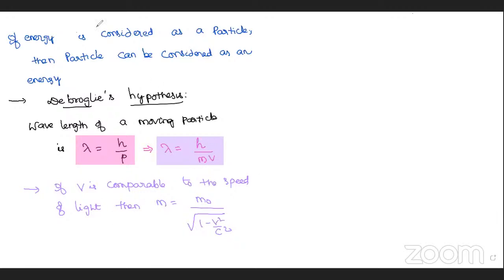Otherwise directly we use lambda equals h by mv only. No change in the equation you learnt in your chemistry. Conditions applied. Here h is constant, mass is constant, so better you be ready with your calculator. Here we try to write the wavelength of different particles.